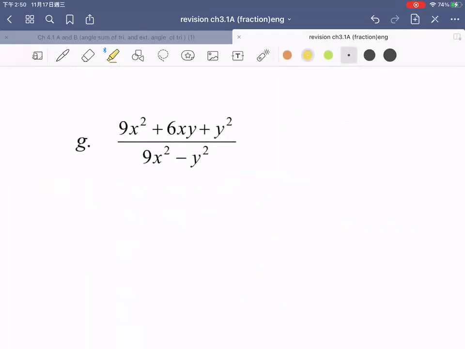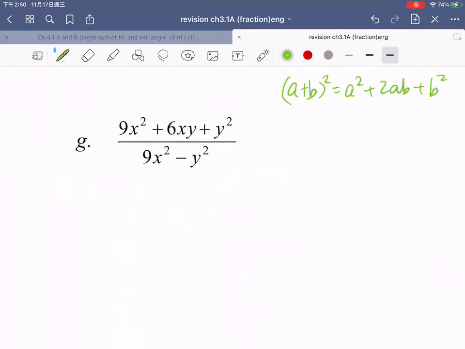How about this one? And again, we have the formula for a plus b bracket squared is a squared plus 2ab plus b squared, right?